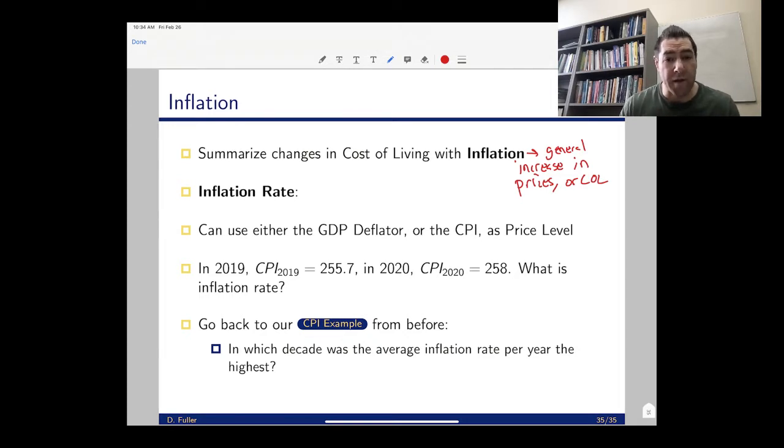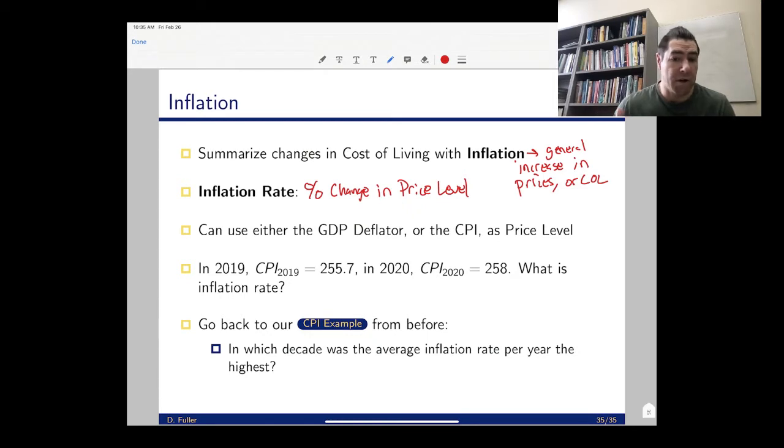So the inflation rate is simply the percentage change in the price level. So that's pretty easy, right? So however you've given me the price level information, I can go ahead and calculate the inflation rate.